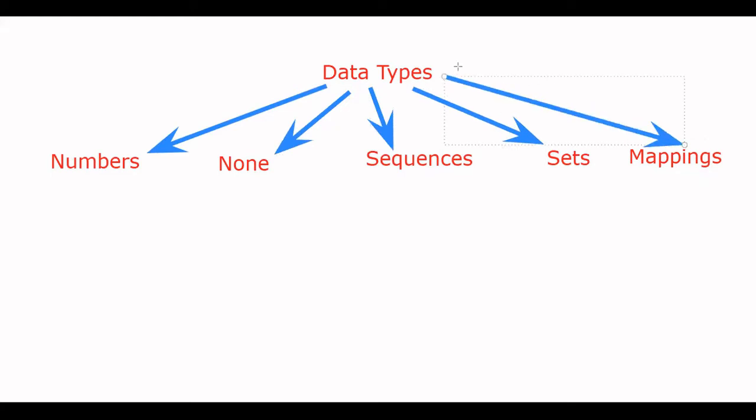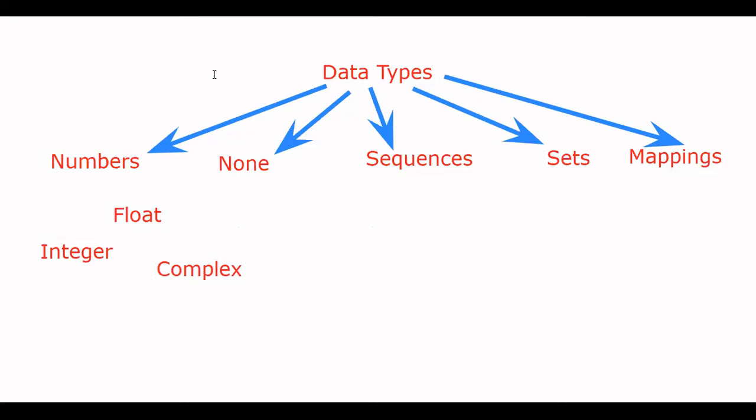In this, number is further divided into integer, float, and complex. You all already know about integer and float. You all don't know about complex. I will show you all an example of complex in a little while.